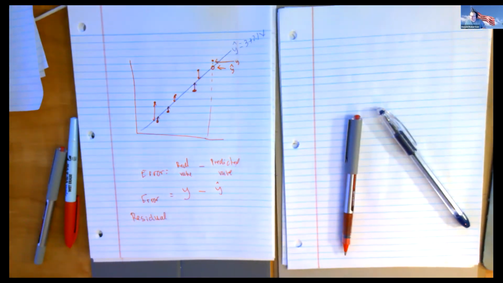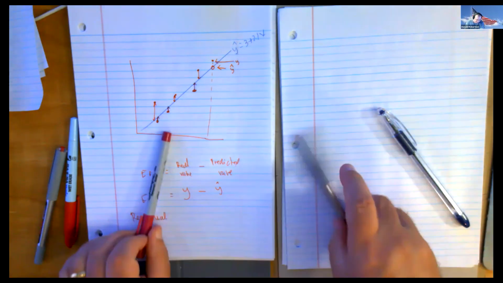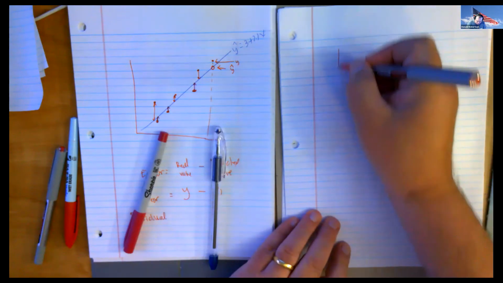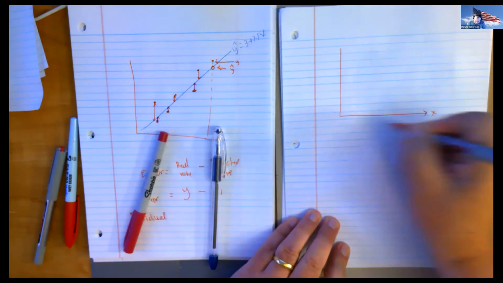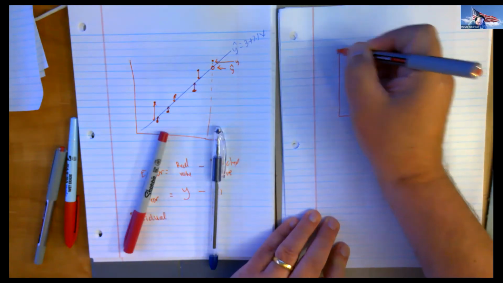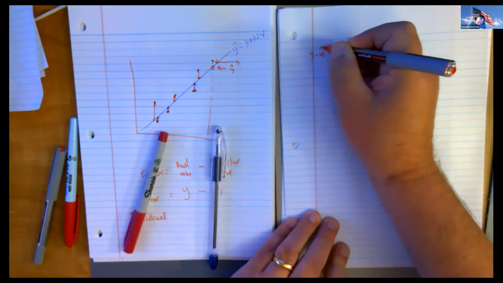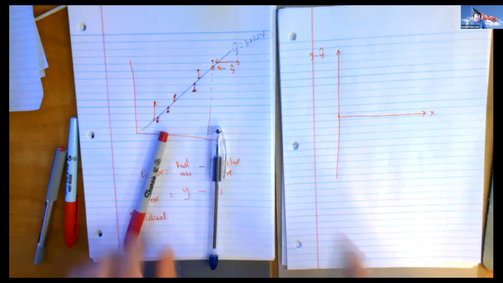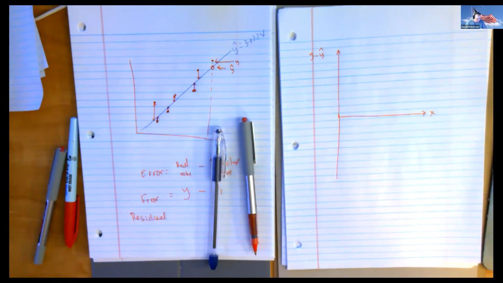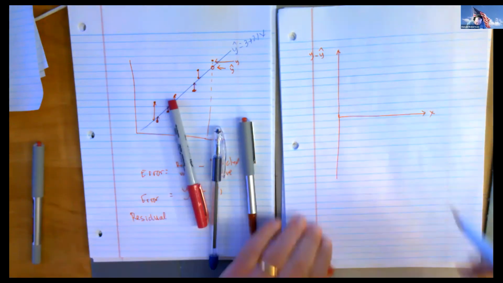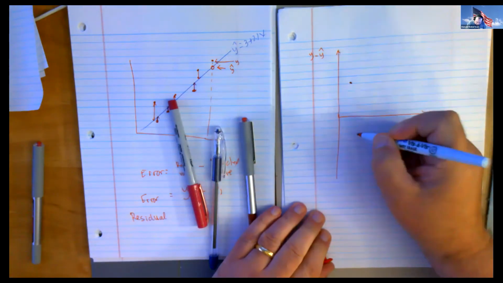So some residuals are positive because the real value is bigger than predicted, and some are negative because it's smaller than predicted. So what they did is they took all the X values and plotted them against the residuals. And when you do that, you'll end up with a plot that looks like this.